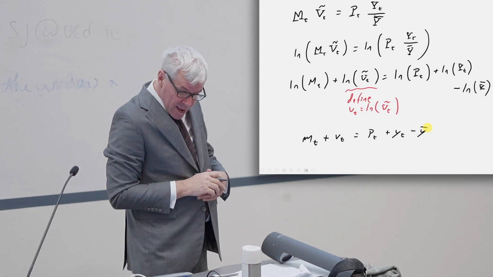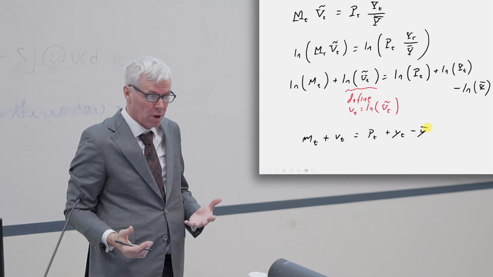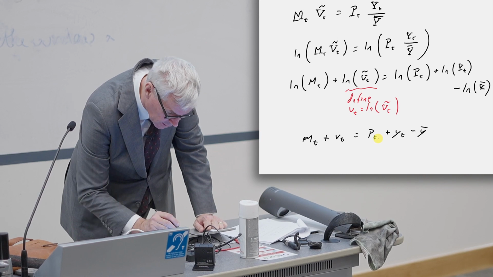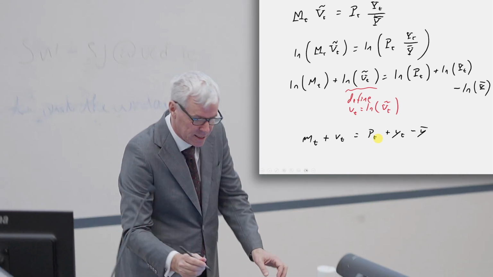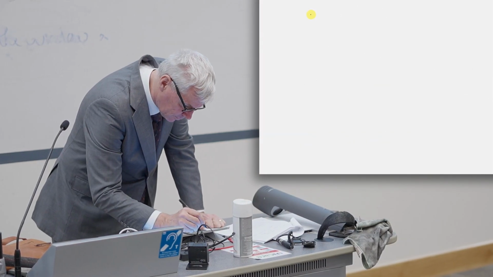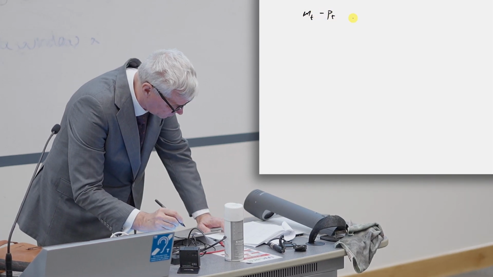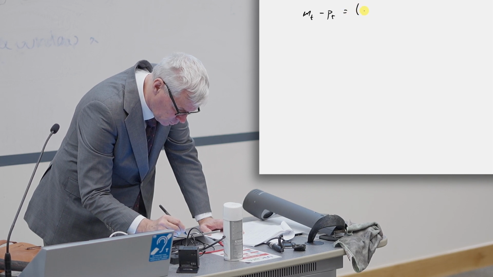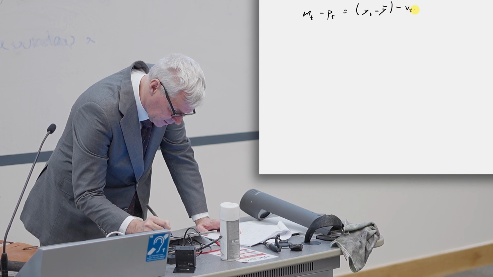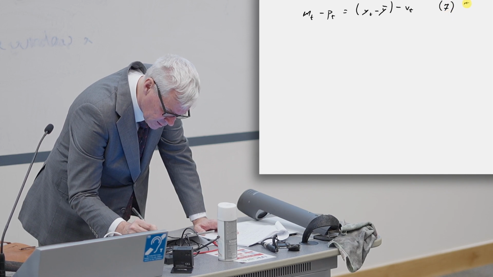Okay, and we're going to really worry about the real money supply. So I'm going to switch this around. Going to subtract p_t from both sides, subtract v_t from both sides, and I get little m_t minus p_t is equal to y_t minus y bar minus v_t. And we're going to call this equation 7, which is going to be crucial for us, and this is the money market.